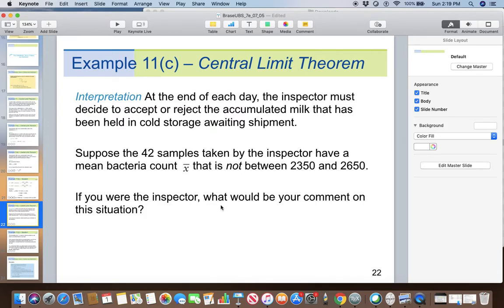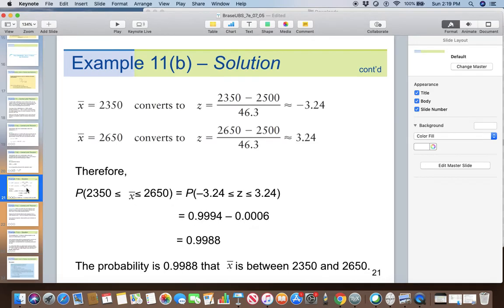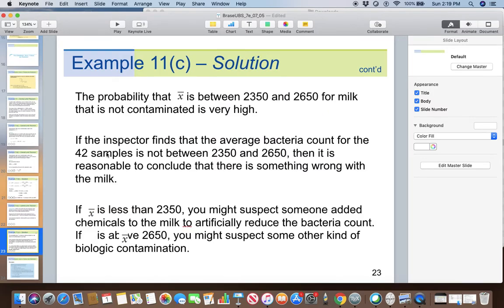If you were the inspector, what would your comment on the situation be? Well, the probability of falling between these two numbers if the milk is not contaminated is very high, about 99%.